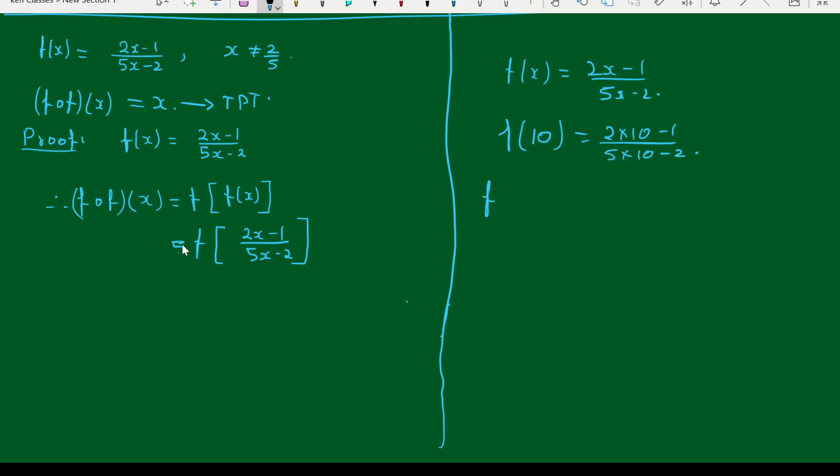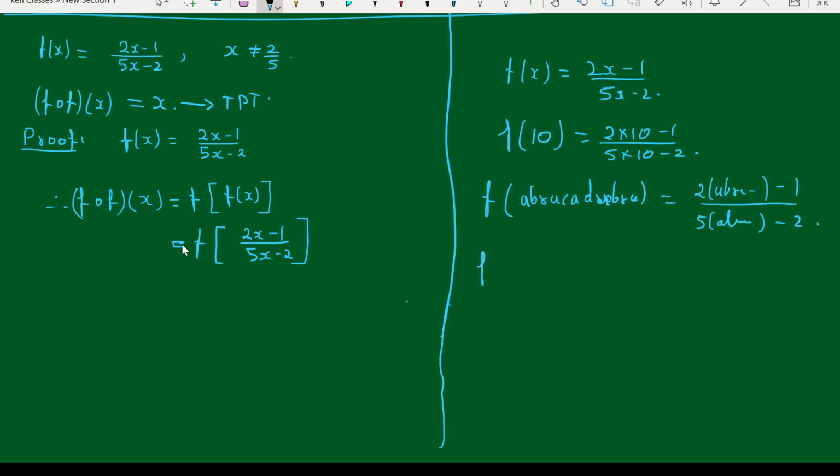If I want to find f of abracadabra, then what will be the answer? 2 into abracadabra minus 1 upon 5 into abracadabra minus 2. That's what you're going to get, right?